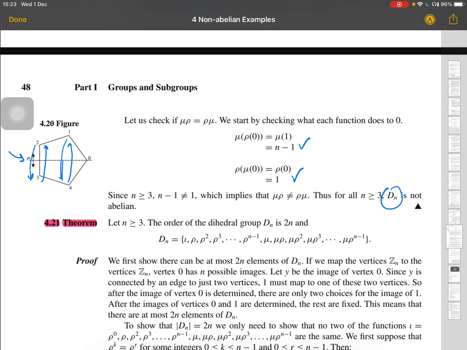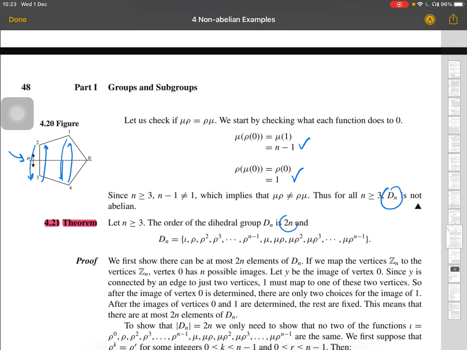On top of the group of permutations, look at the theorem. We want to know how many elements there are in the dihedral group, because it seems like we have rotations and reflections, but when do we stop? The theorem says that the order of the dihedral group Dn is 2n.